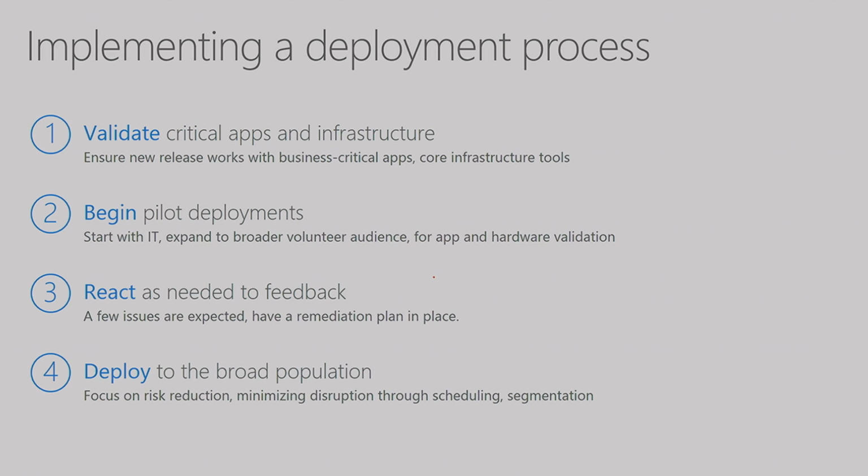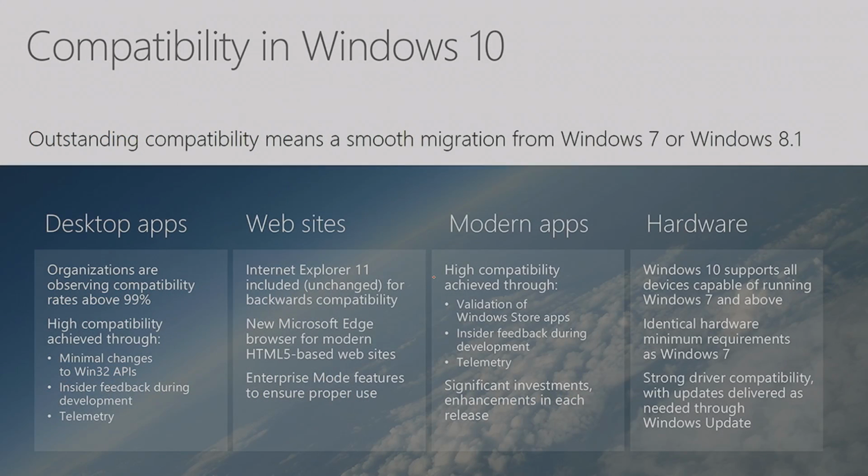From a compatibility perspective, the reason that we can say that we want to test less is really related to just the focus on compatibility overall. If we look at the results that customers have been reporting to us, our early adopter customers have gone through and done much more testing than we think they really needed to, but they wanted to feel good about it, so they'll test thousands of applications.